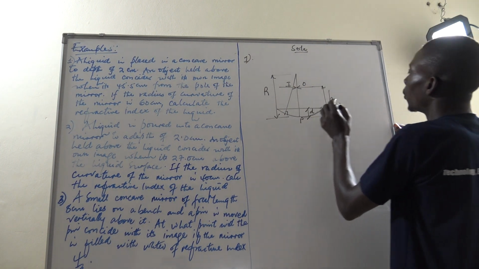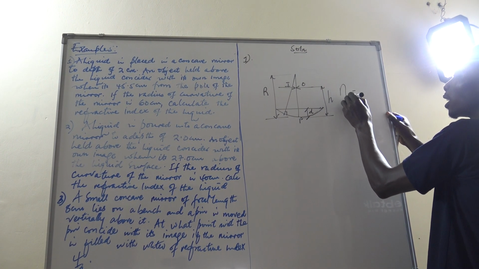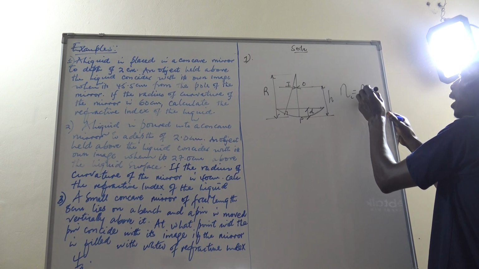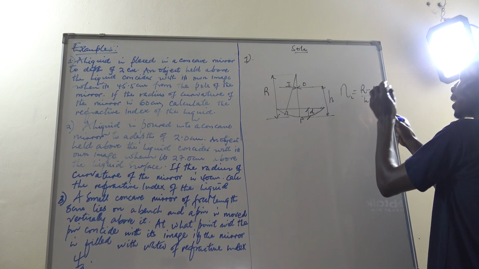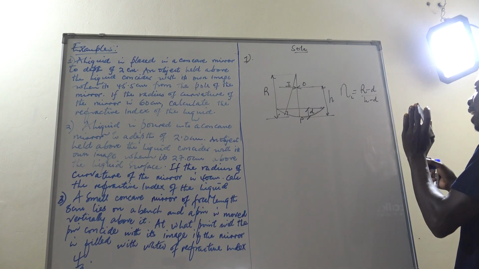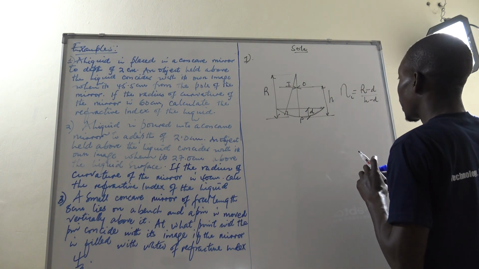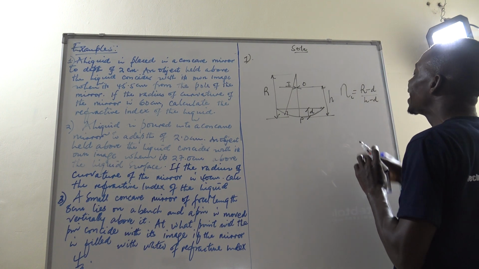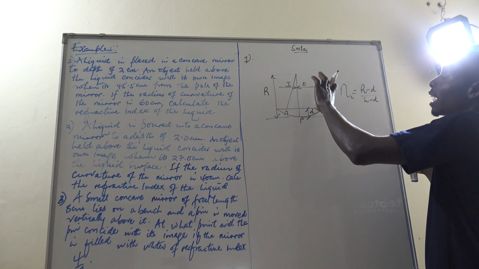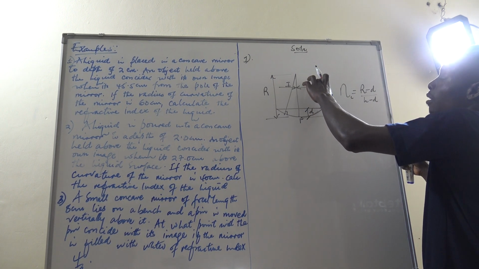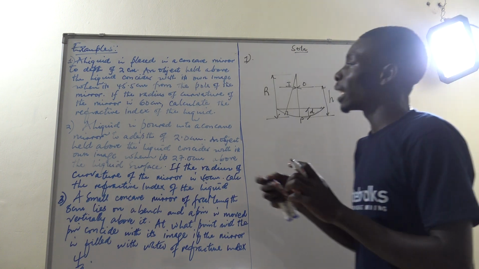And we said we shall use the refractive index of the liquid equals R minus D out of H minus D. That is a scenario where the depth is not negligible. Don't forget, in this case, H must strictly be measured from the pole up to that point. Is that okay? So, let's now see how we can attack this question here.